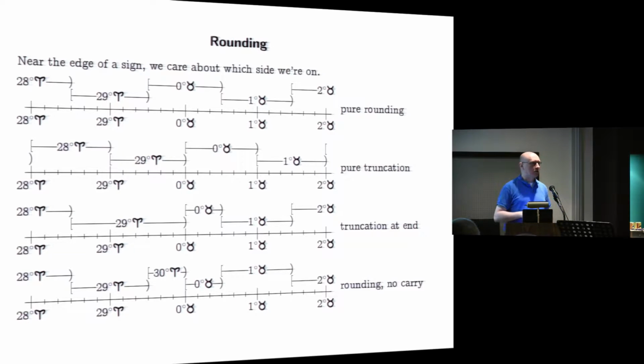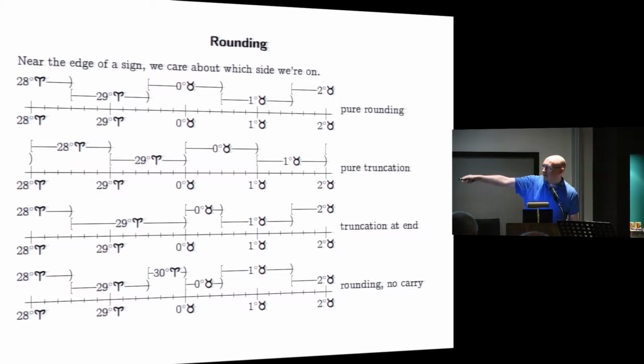Rounding, I'm not going to go into all the details here, but first of all, if you want to represent something just by the degree it's in within a sign, fine, you round off. The trouble is, if something happens to be very near the end of a sign, if someone was born in late April, just before the Taurus cusp, we don't want to call that Taurus. We want to call it Aries until the moment it crosses the cusp.